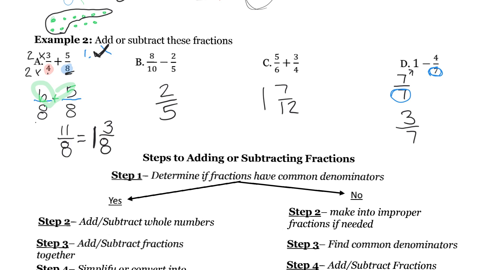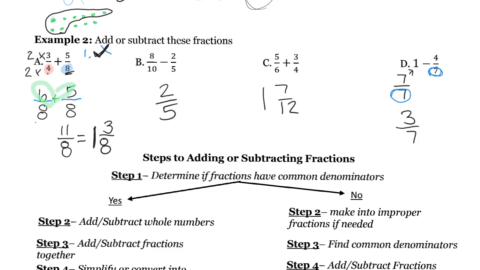Make sure if you don't understand any of this that you ask questions in class. Say, hey, I need more help practicing getting common denominators. Can you explain it again or show another trick? Please ask questions.